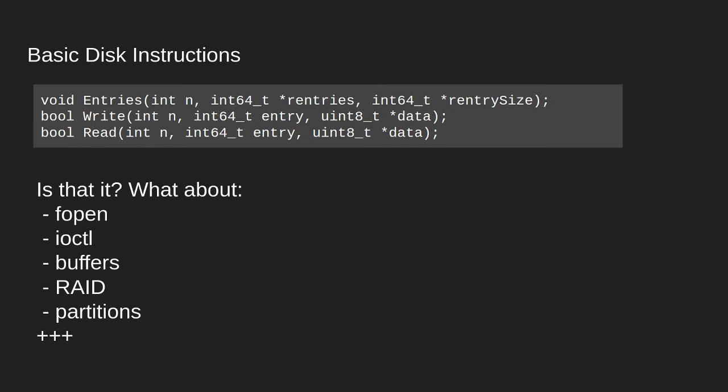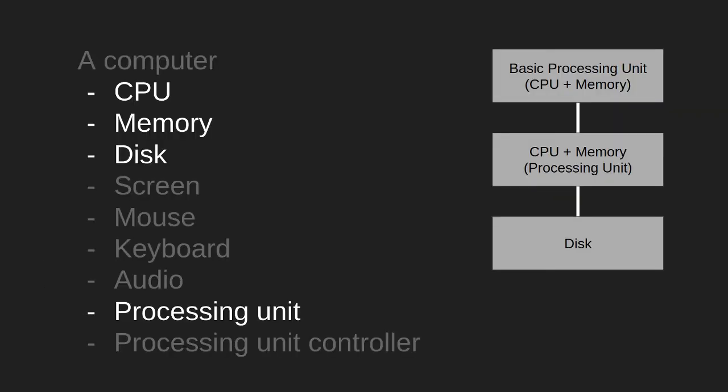Now, your immediate reaction might be, is that it? What about, for example, opening a file, modifying control parameters of a disk, buffers, RAID, or partitions, or many other issues that you might interact with when it comes to disks? The interesting thing here is that in order to get all these kinds of behaviors, we need a program in between our disk and our CPU.